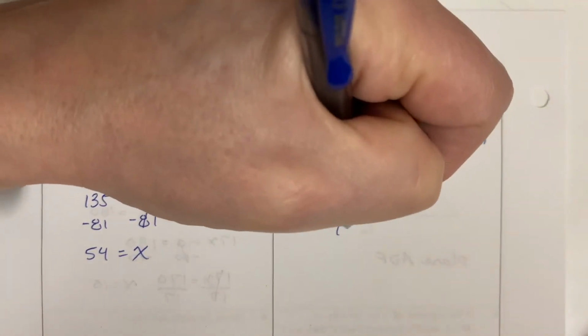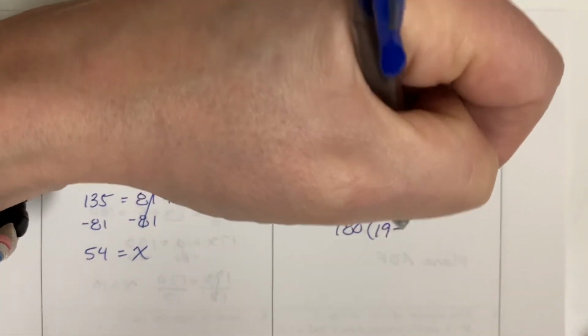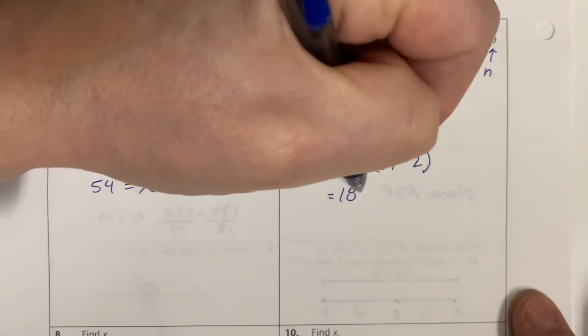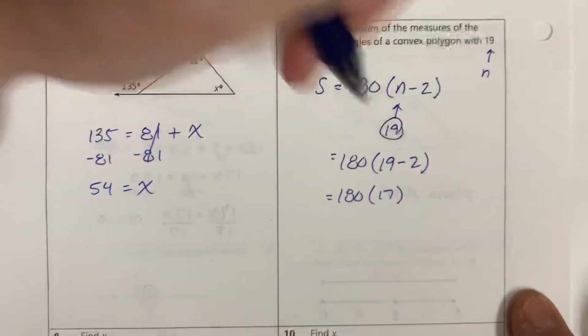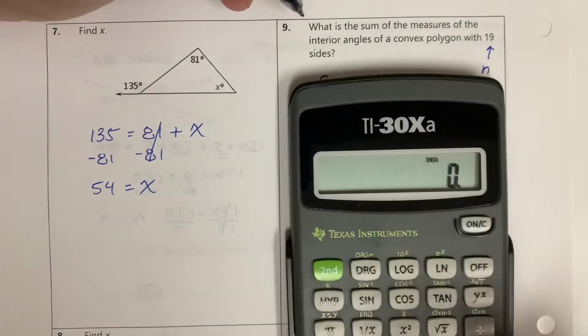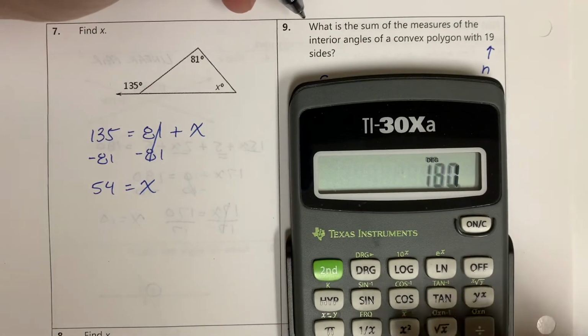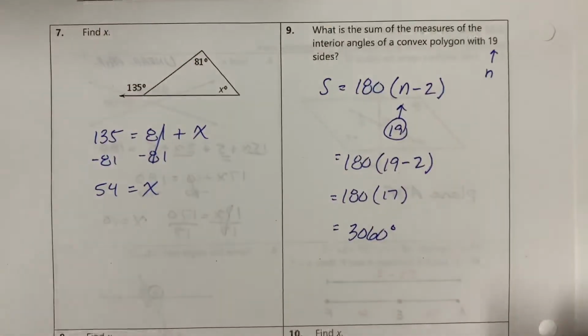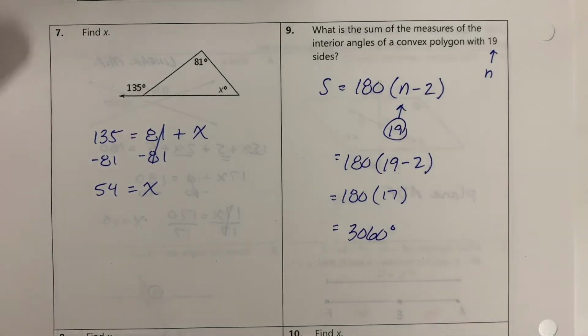So we want 180 times 19 minus 2, which is going to be 180 times 17, and whatever that turns out to be, 180 times 17, 3060. So 3060 degrees is the answer for the sum.